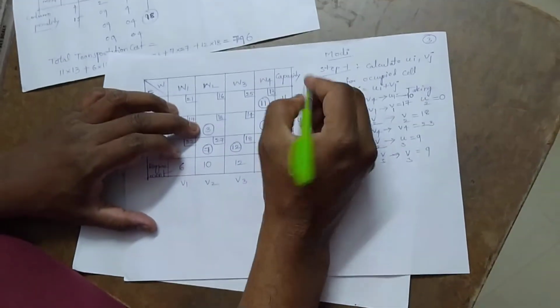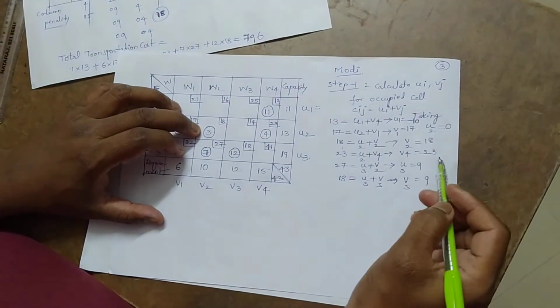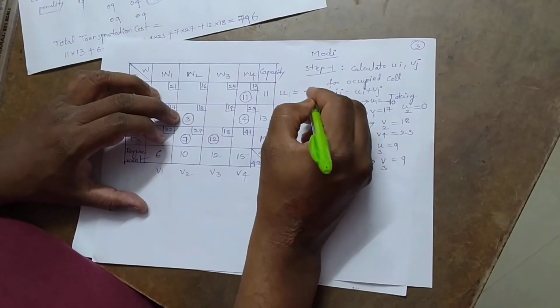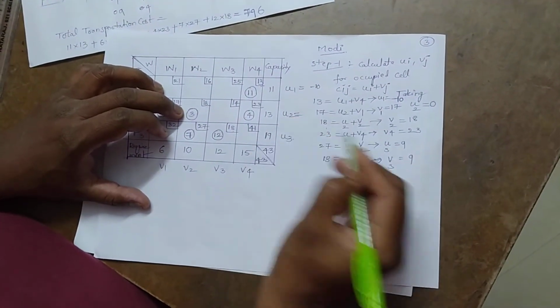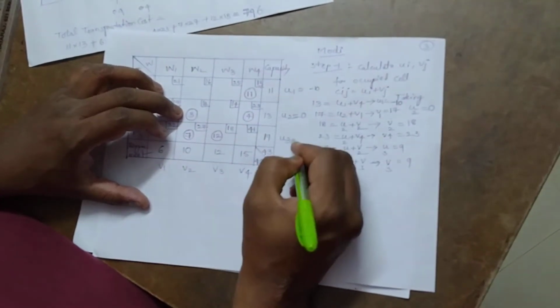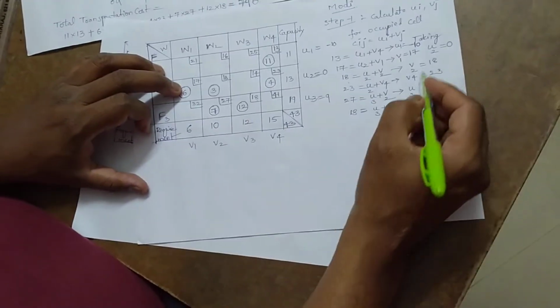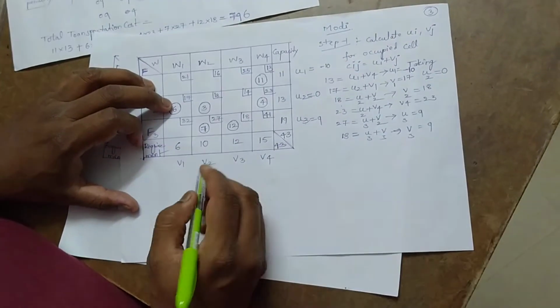Now we can take the values. u1 is equal to how much? We got u1 is equal to minus 10. u2 is equal to 0. u3 is equal to 9. And v1 we got as 17.